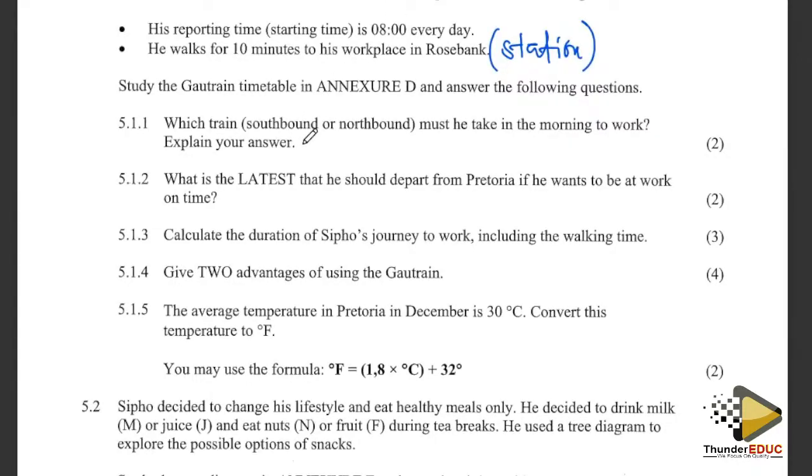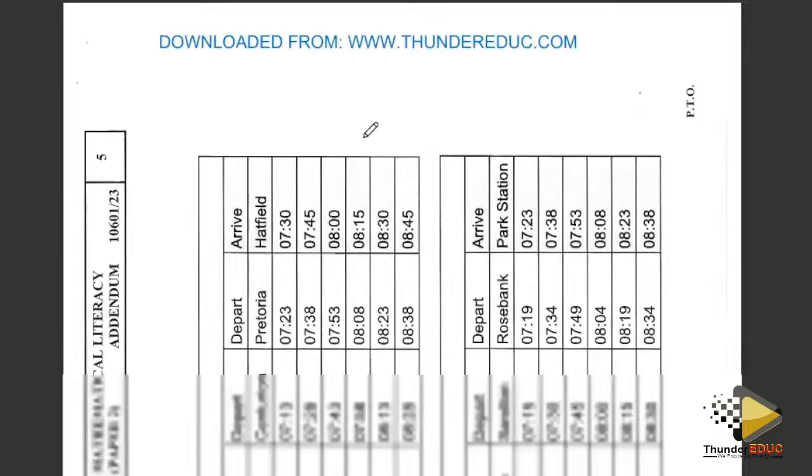So what we're going to do is 5.1.1. Which train, southbound or northbound, must he take in the morning to work? Explain your answer. Let's go there and check the timetable.